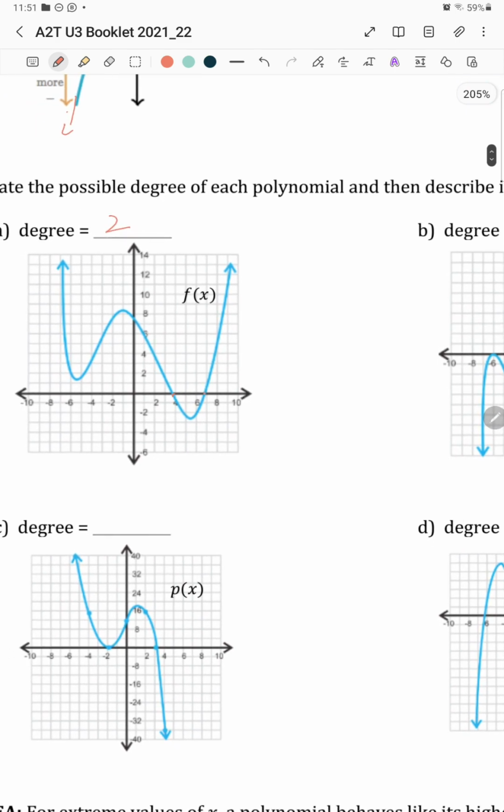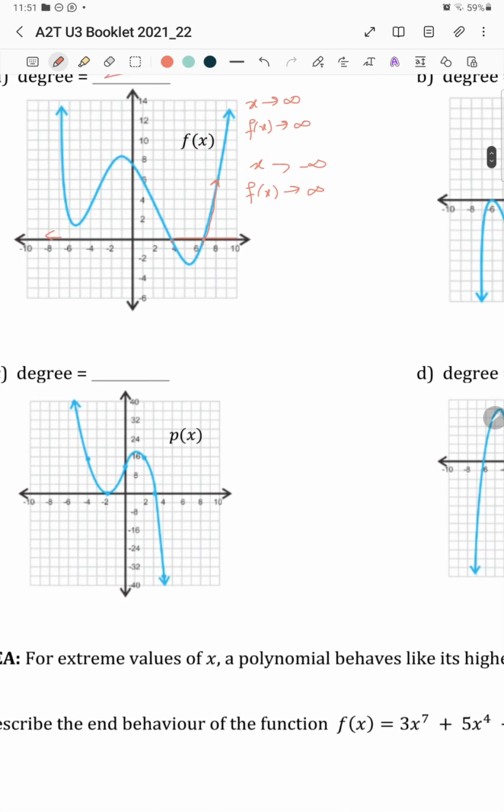Okay, so as x goes towards the positive side, x approaches positive infinity, f of x is also going towards positive infinity. As x approaches negative infinity, f of x again approaches positive infinity.